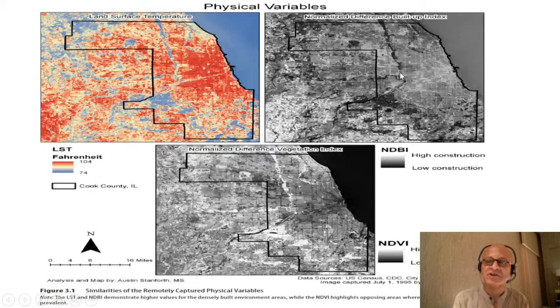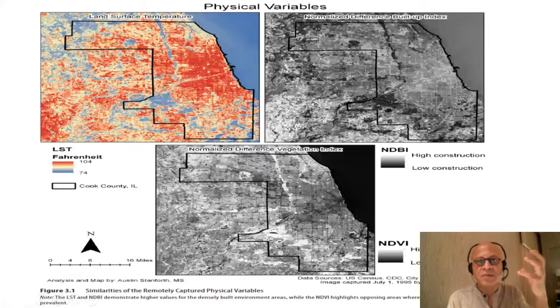You can see again variabilities in vegetation cover versus density of buildings, which relates to density of people and typically to socioeconomic status as well, and normalized difference vegetation index, which obviously has a correspondence and has relation with land surface temperature as well. So this is kind of the physical vulnerability parameters.